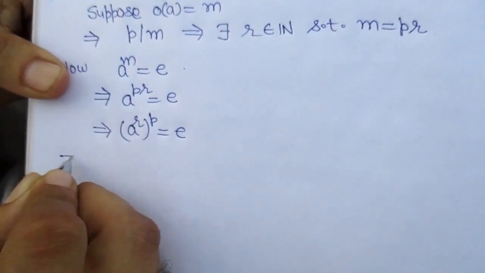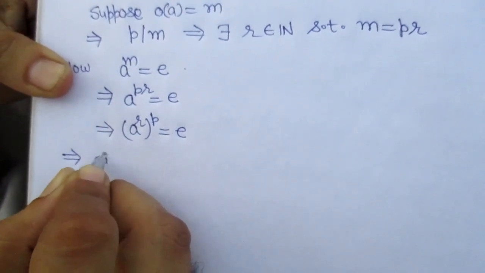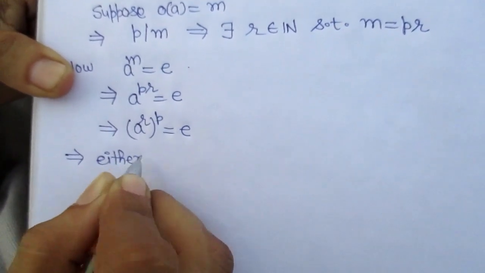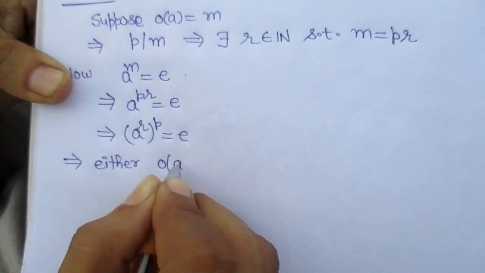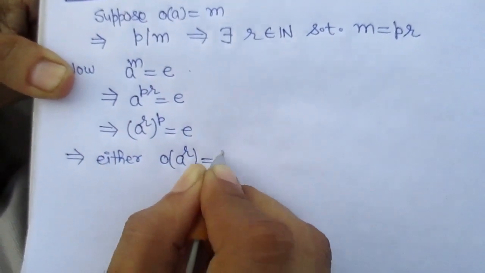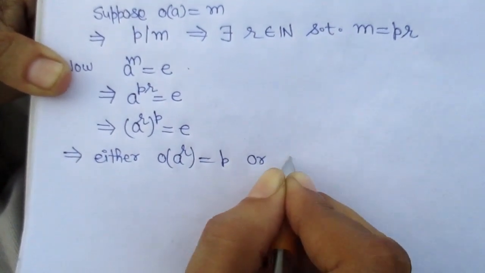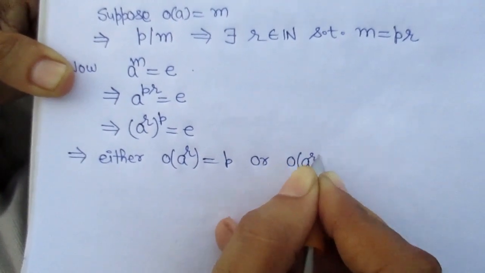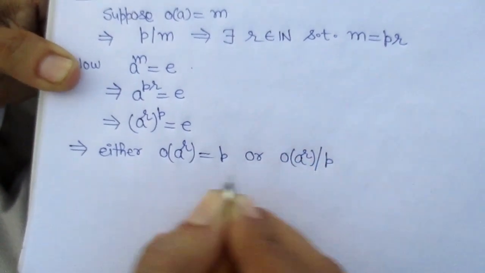It means either order of a raised to power r is equal to P or order of a raised to power r divides P. दोनों में से एक केस होल्ड करेगा.